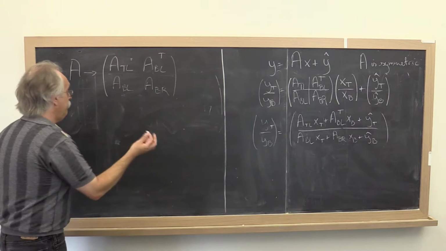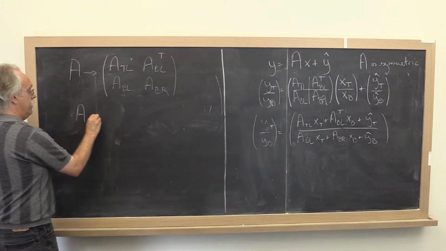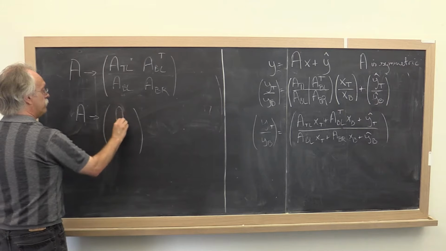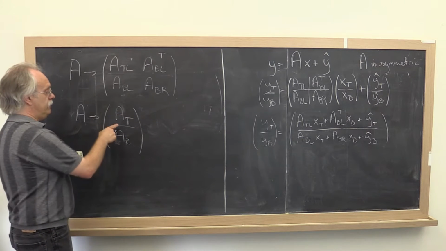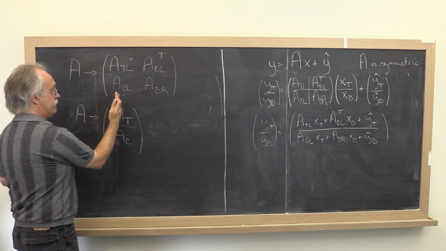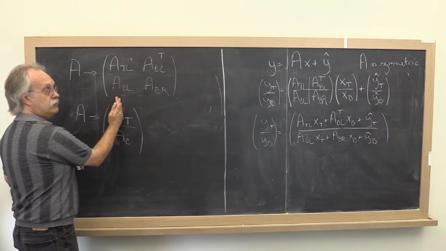Now, previously we took our matrix A and we partitioned it into a top part and a bottom part. All we really have done here is we're thinking of the top part as having a left part and a right part.